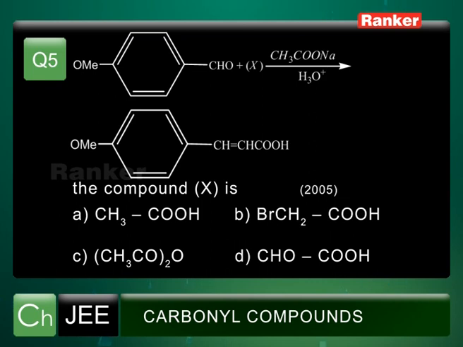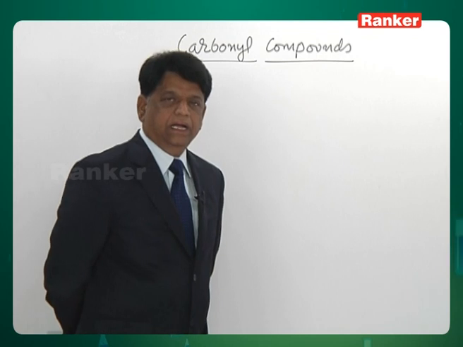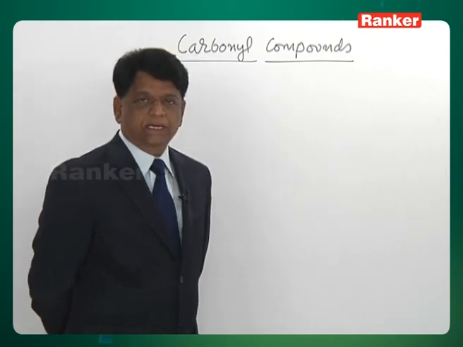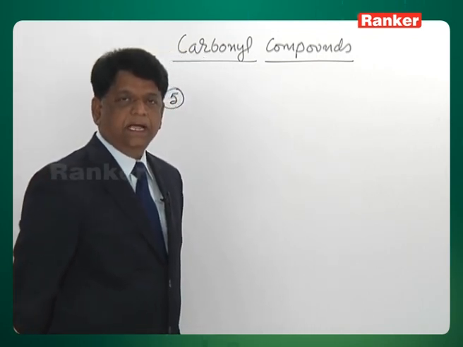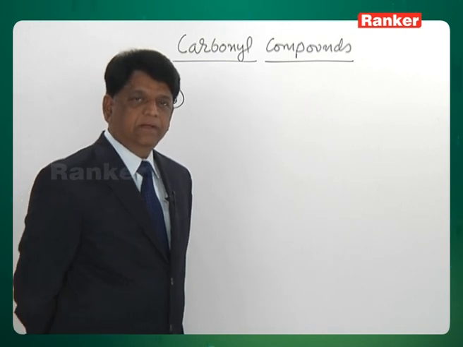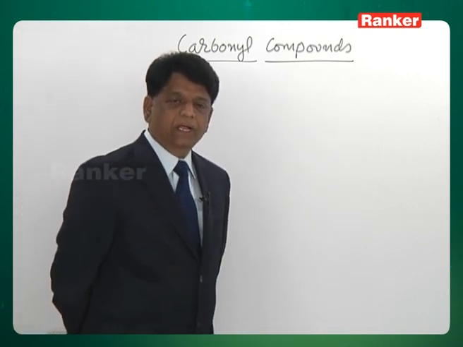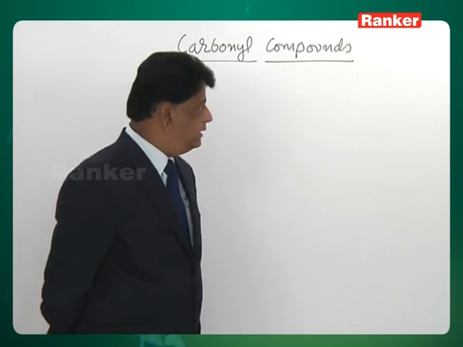Actually from the X, half of the X will be added on the benzaldehyde. It's a Perkin reaction, a well known reaction, one of the base catalyzed condensations known as Perkin condensation.